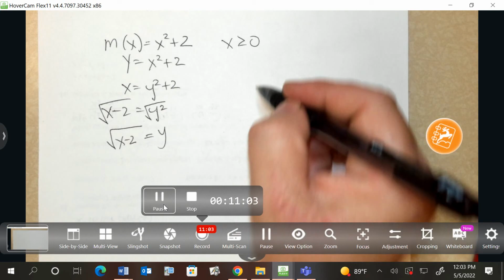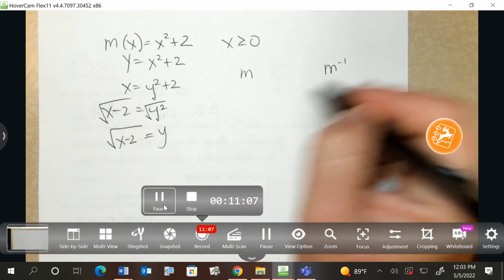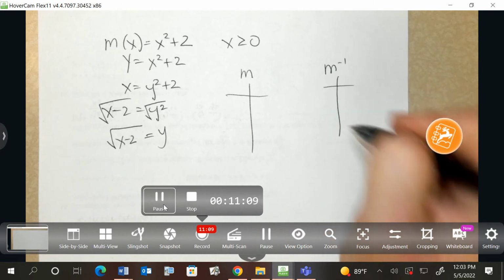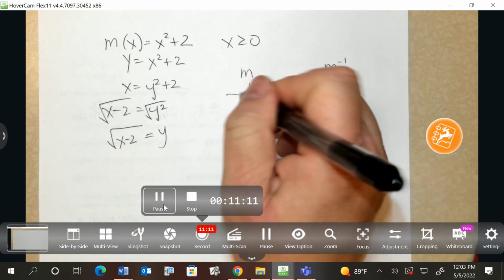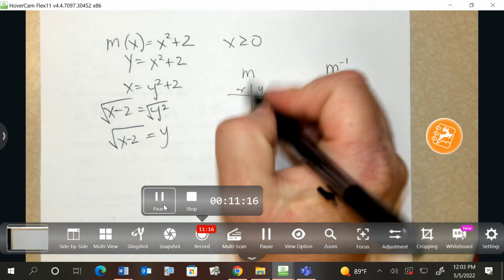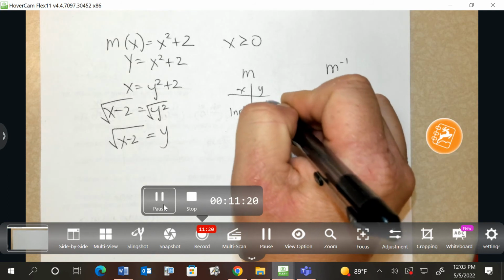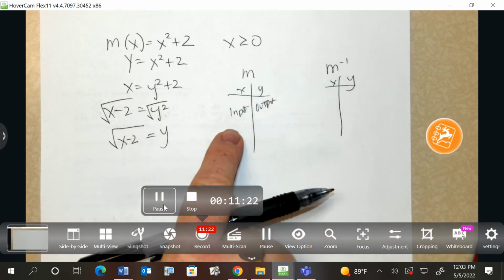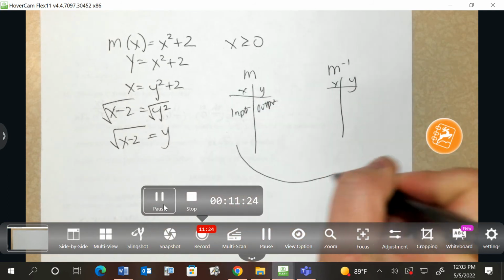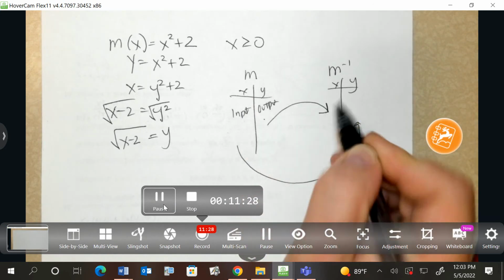As a quick reminder, if this is m, and let's say we have m inverse, remember, if you forgot this from freshman year or first semester, that when we discuss the input and the output, the input of the normal becomes the output of the inverse, and the output of the original becomes the input of the inverse.